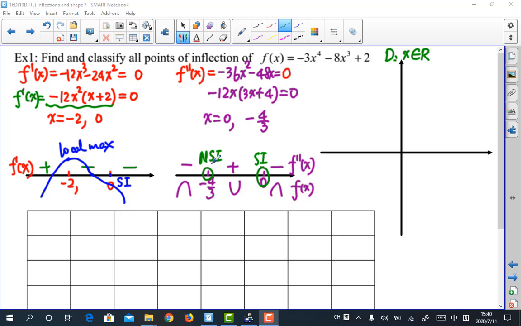I call this table a thinking organizer, in which you can collect all the information for the concavity, monotonicity, local maximum point, non-stationary inflection, stationary inflection, and thereby you can change this information to the graph. That's also the purpose of learning calculus.